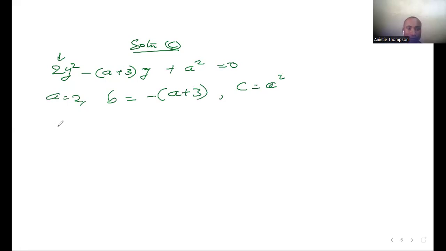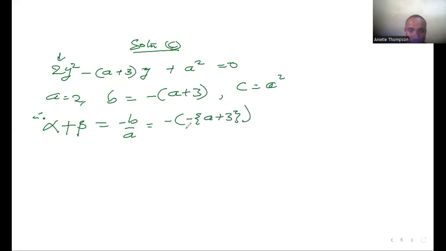So what do we do? To find alpha plus beta, alpha plus beta equals minus B all over A. That would be minus into minus of (a plus 3) close divided by 2.